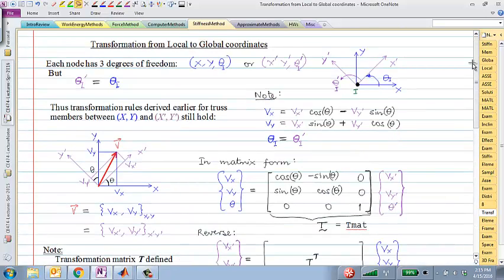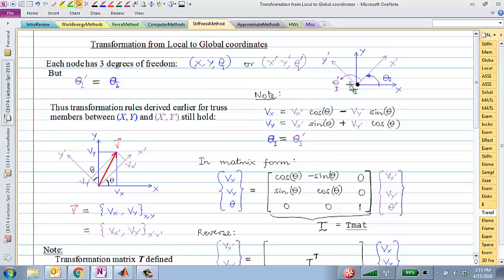And once again, the transformation is exactly the same as what we had for trusses. Why? Because transformation, really what we are doing is we are transforming vectors between one coordinate system to another coordinate system. It does not matter where that vector came from, whether it's a force or a displacement, whether it's a truss or a beam or what.